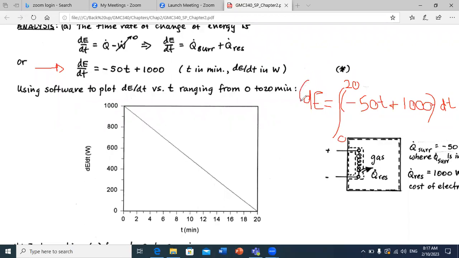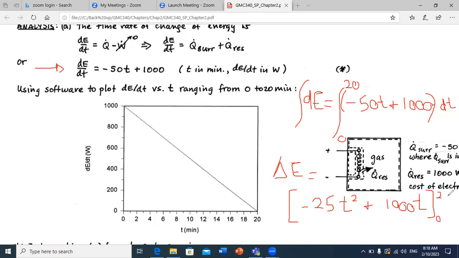When we do the integral of dE, we'll get delta E. Okay, so delta E between 0 and 20 minutes is equal to minus 25T squared plus 1000T between 0 and 20.